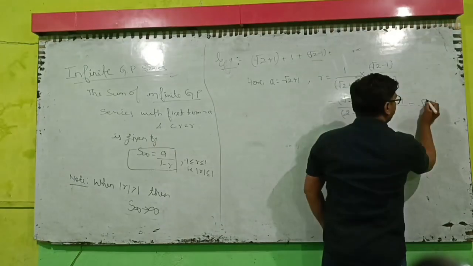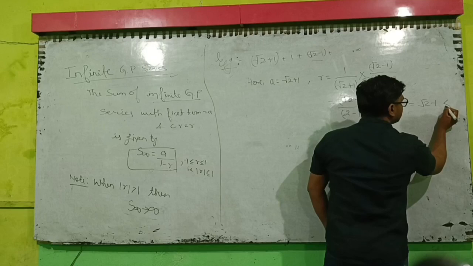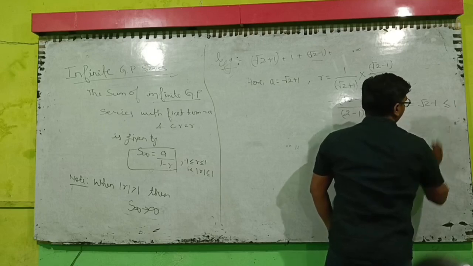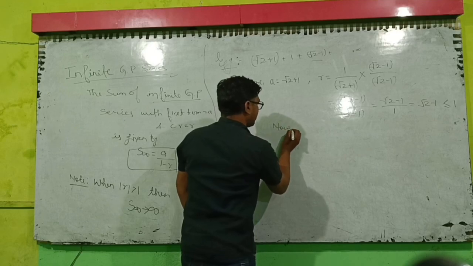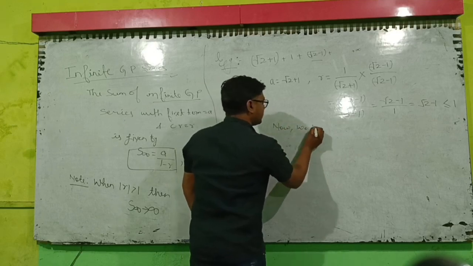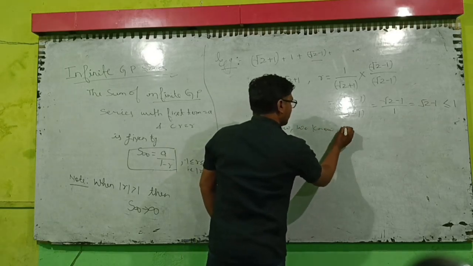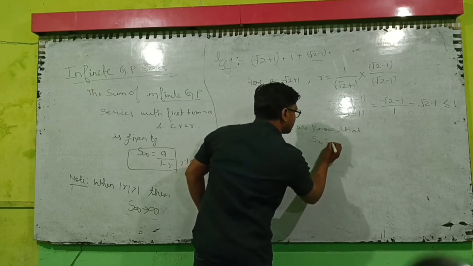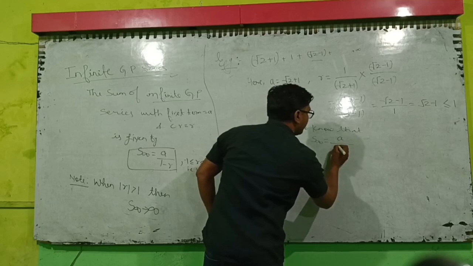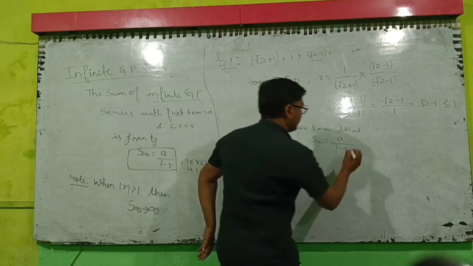Here we see that this is always less than 1. Now we know that S infinity is given by a upon 1 minus r.